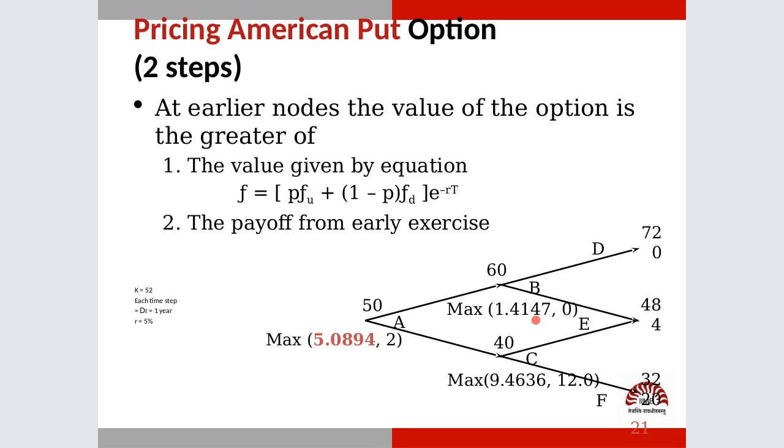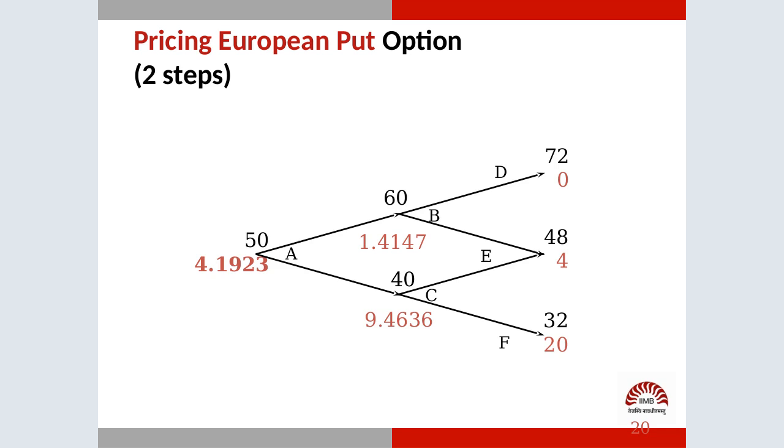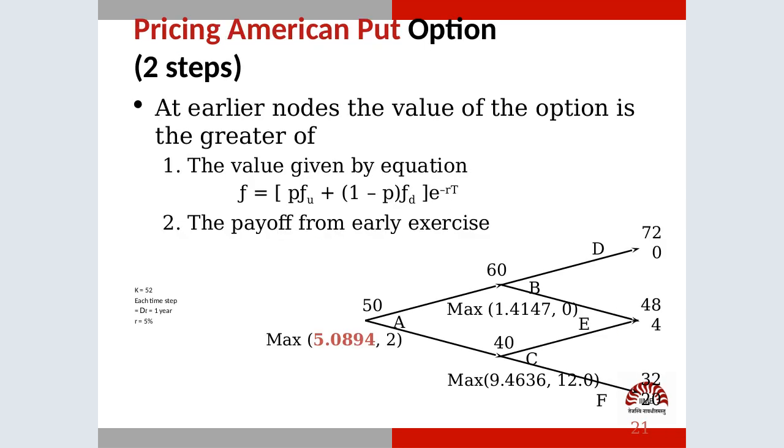The same way: 1.4147 into 0.6282, and now instead of 0.3718 into 9.4636, I take the maximum of this, which is 12. Obviously, if I put this value as 12, this increases. This number in the previous slide was 4.1923, but since I'm multiplying by 12 and not 9.46, the amount increases from 4.19 to 5.08.